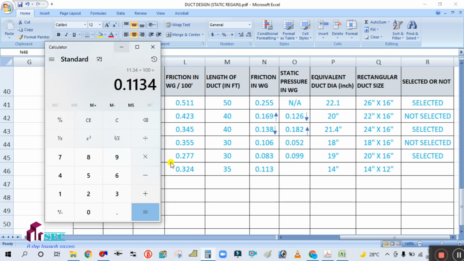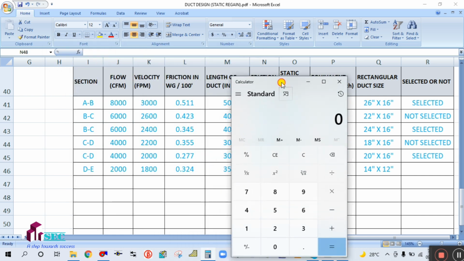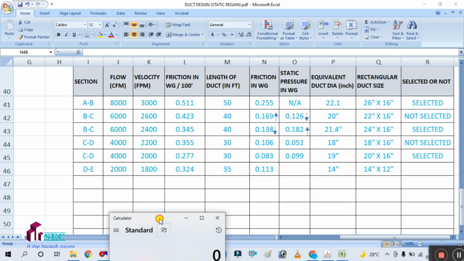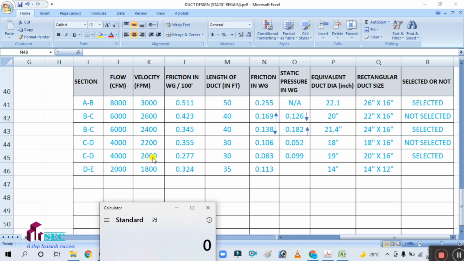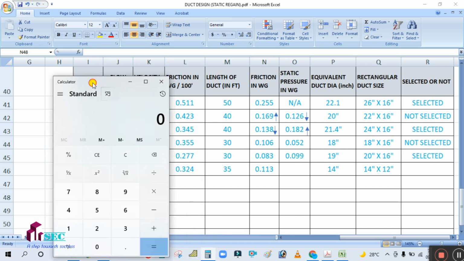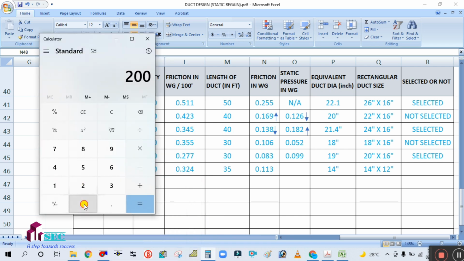So for static pressure, you simply check (V1 by 4000) whole square minus (V2 by 4000) whole square, into 0.9 R. Here V1 is now 2000, so 2000 divided by 4000 whole square is 0.25.